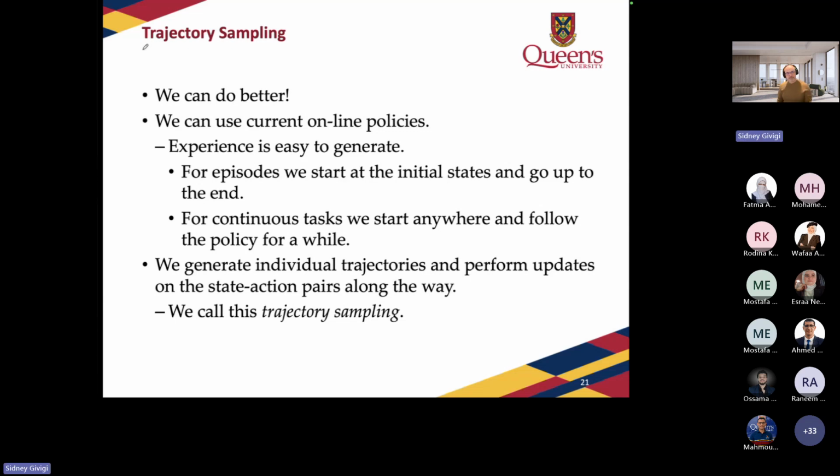We are going to start from somewhere, and this can be arbitrary, and then we say how long this experience is going to be. Let's say we are going to do this for 100 steps. Then we create this information, and we save it.